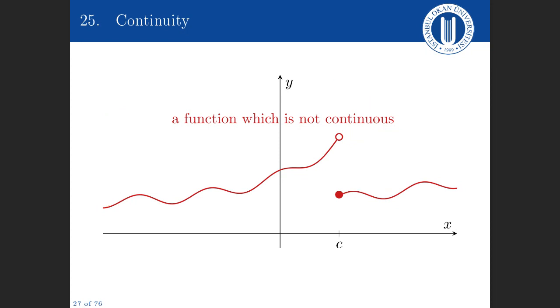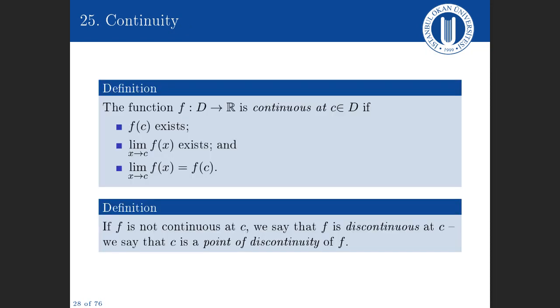But this is mathematics. We need to be more precise than that. So we define a continuous function like this. A function f with domain D is continuous at the point c in D if these three rules are satisfied. Rule number one, we must have that f of c exists.